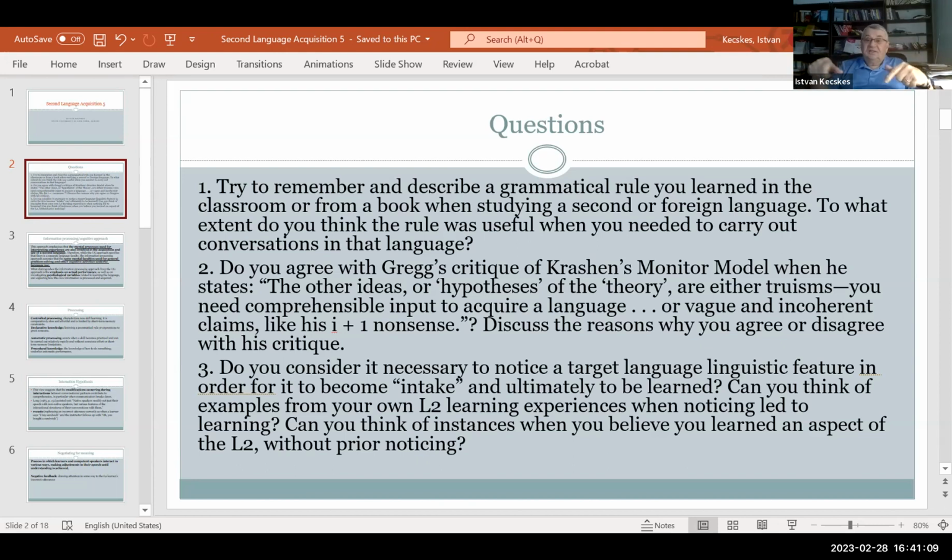But that is still some kind of a support because there is something true in that particular rule. So as far as the if sentences are concerned, for example, not all of them were wrong that I learned, but a couple of them maybe are not used by the native speakers the way you learn in school.